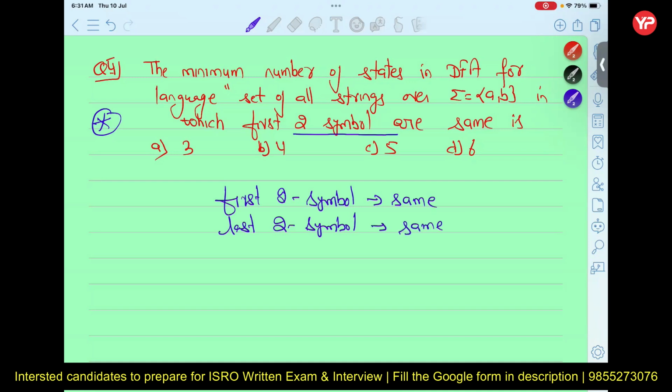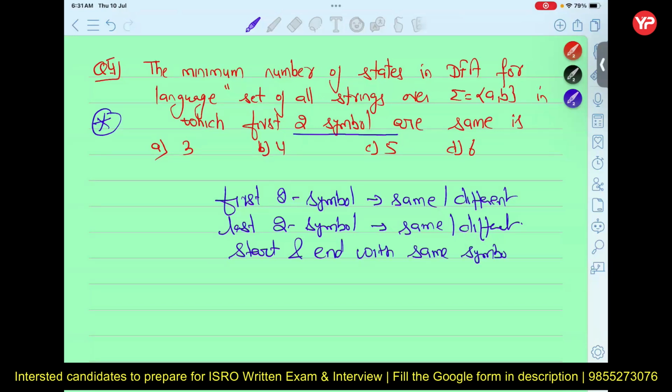In a similar way, if we have the case of different, or start and end with same symbol, all require 5 states. The answer is 5.